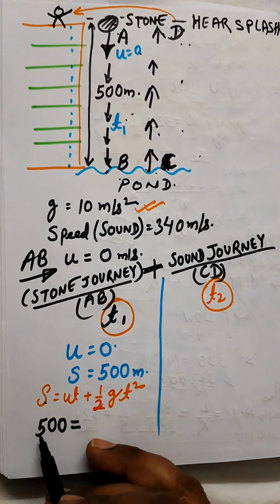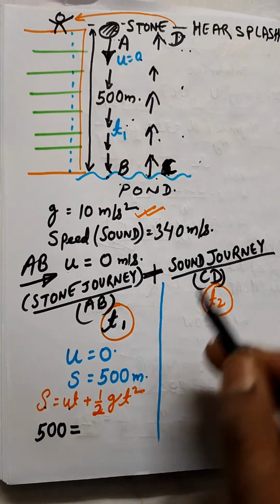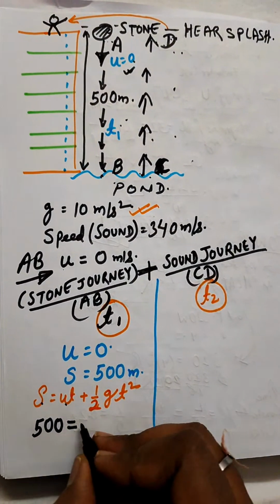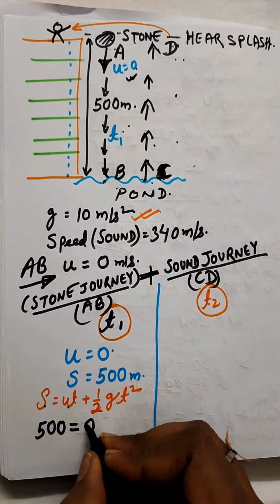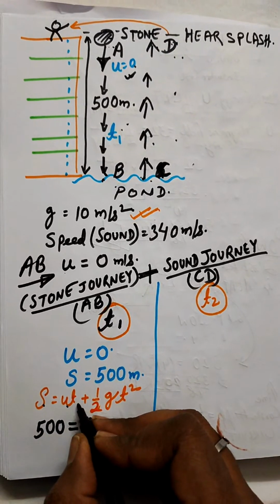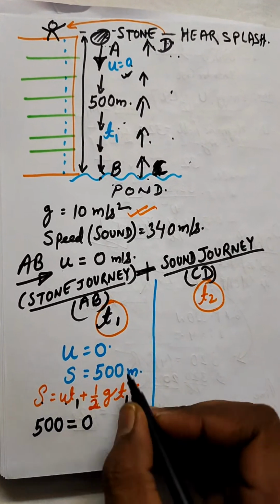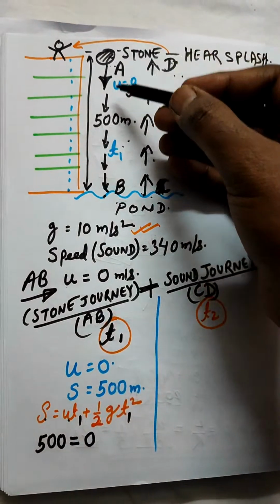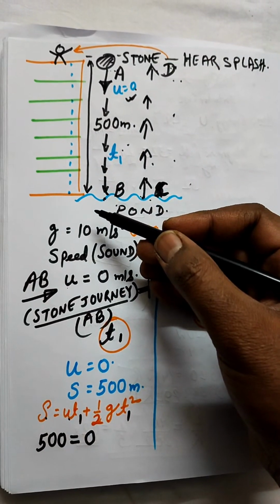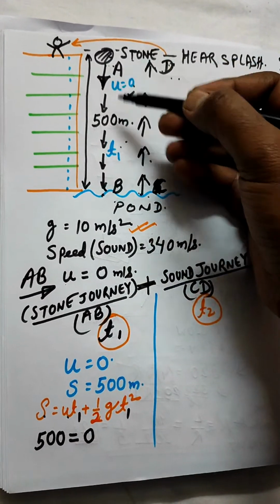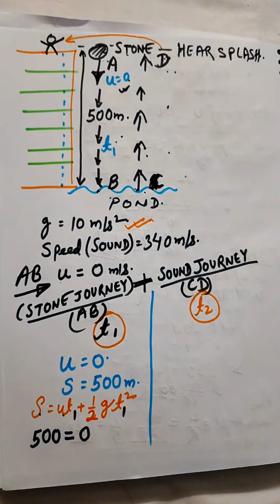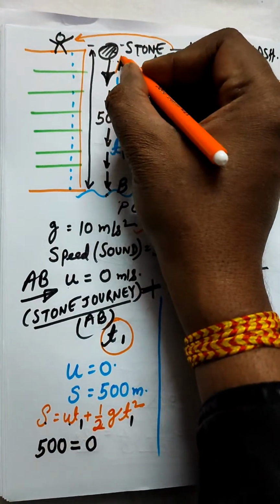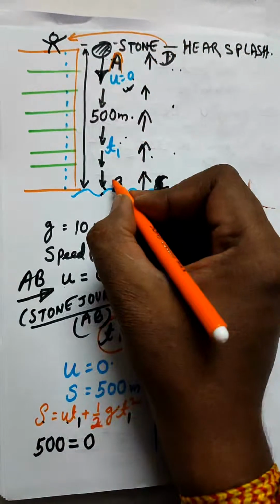So for AB, S is 500 and U is the initial velocity when the stone is dropped, so that is 0. So U into T will be equal to 0. So here I am taking T as T1. Why T1? Because T1 is the time taken by the stone during the journey. It traveled from A to B, right?